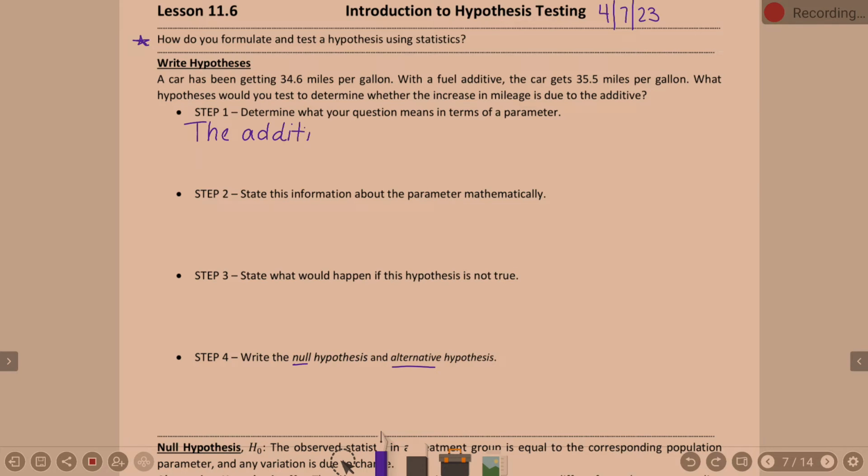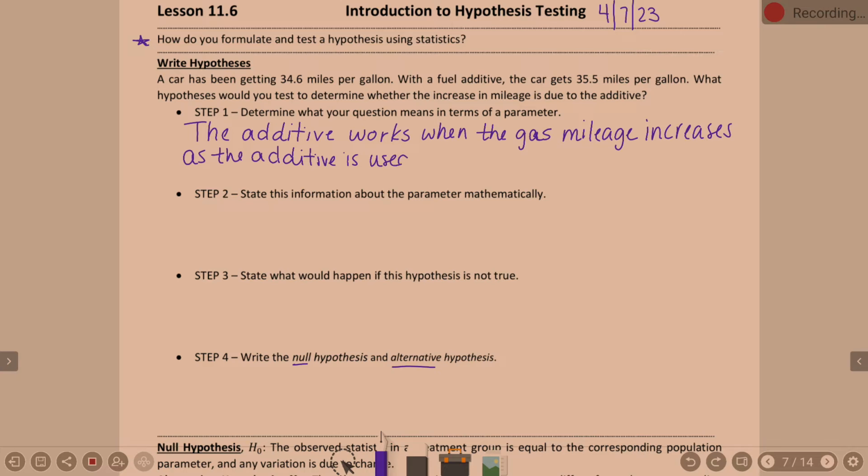So I'm going to write that out here. The additive works when the gas mileage increases as the additive is used.